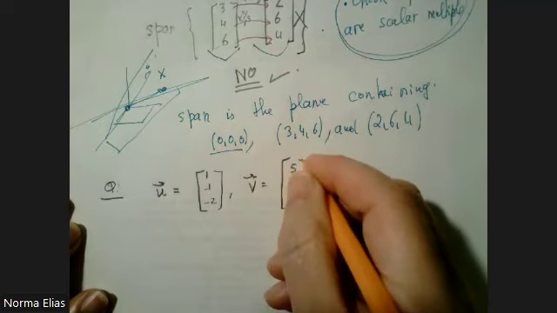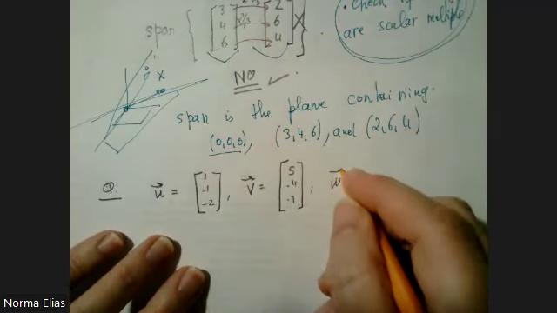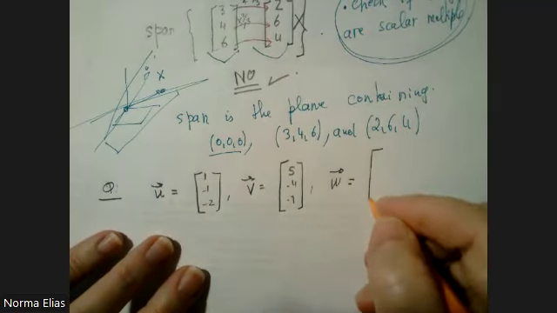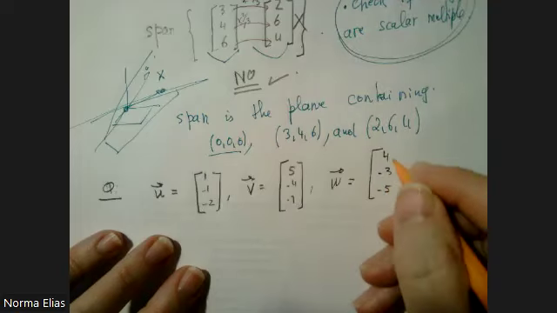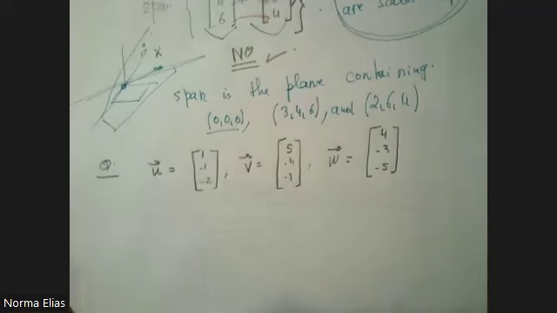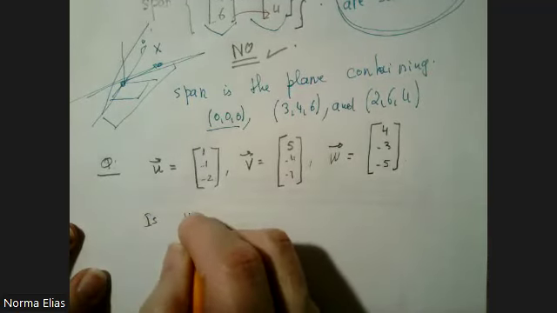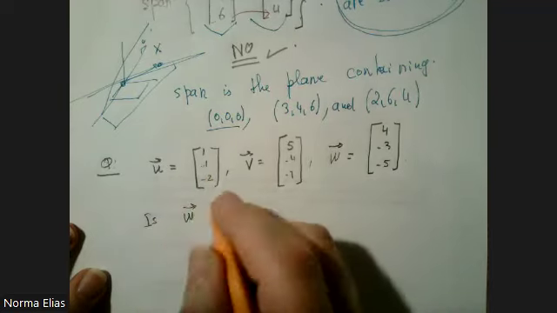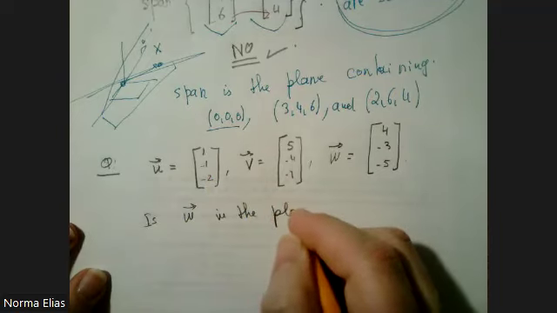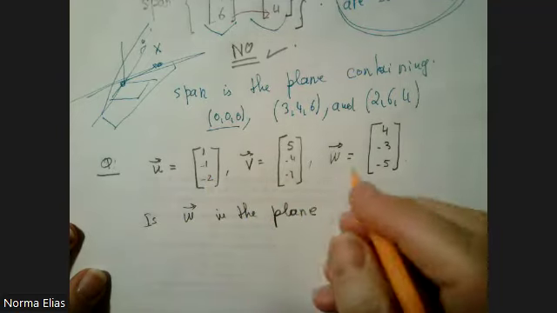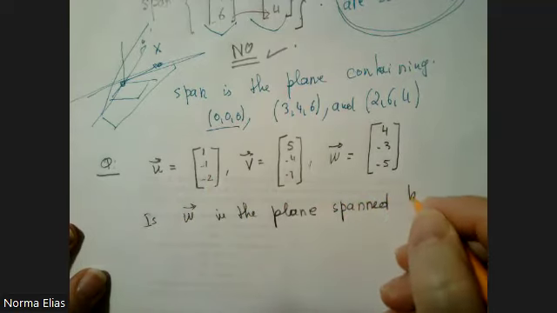So imagine you have those two in R3, and W to be the vector 4, minus 3, minus 5. And the question is: is W in the plane spanned by U and V?